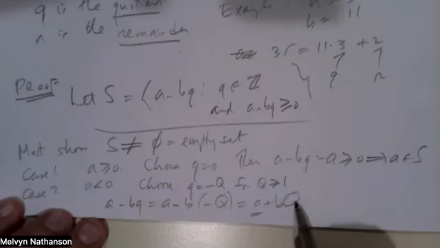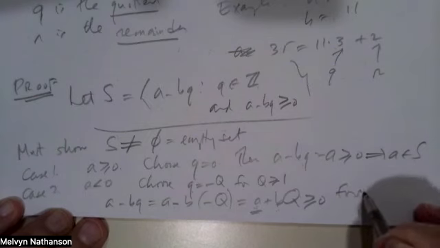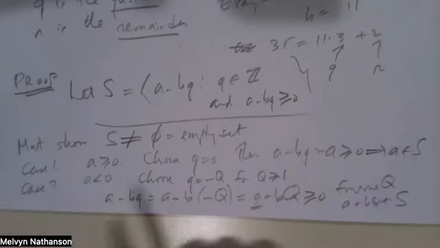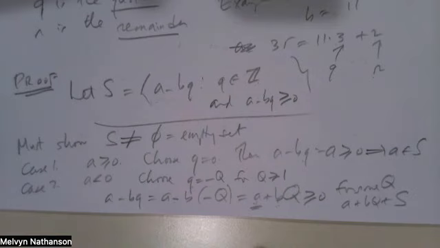And as Q gets bigger and bigger, this positive number, sooner or later, is bigger than the absolute value of A. Like if A is minus 100, even if B is 2, at some point 2Q is bigger than 100 for some Q. So this is going to be greater than or equal to 0 for some Q. And in that case, A plus BQ will be in S. So whether A is positive or negative, this set S does contain some non-negative integer.